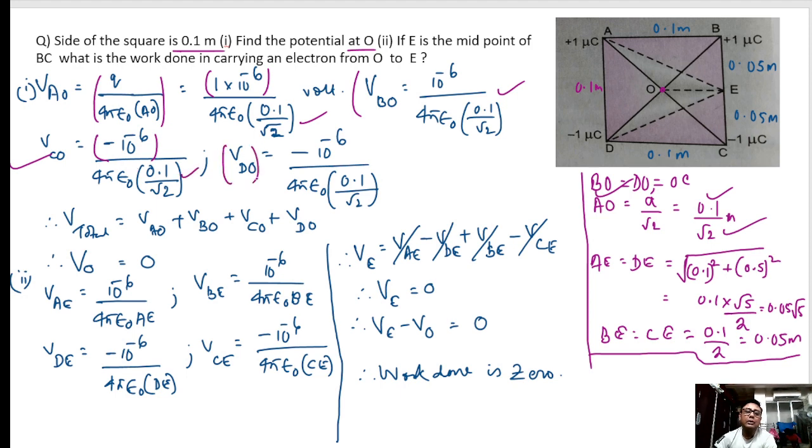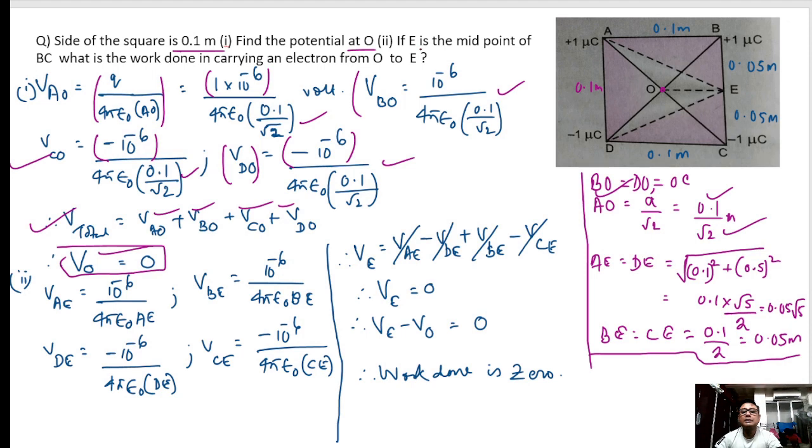Due to D at O, charge is given this. So the total potential at O, we will add all of them, and if I add all of them, we are seeing that each and everything cuts. That means total potential at O will be 0.